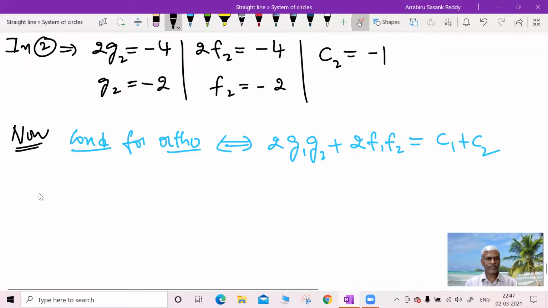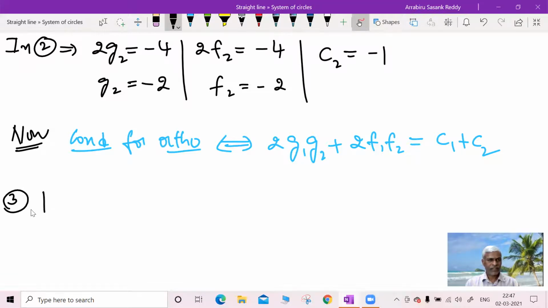Using this condition, the third equation, the required circle equation, is orthogonal to the first circle.